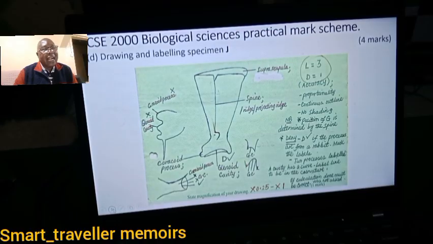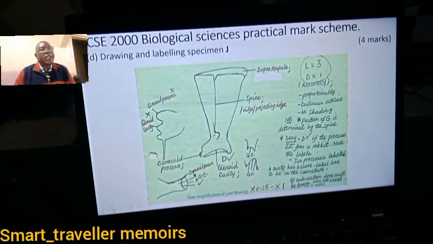A cavity as a curve, labeling to be in the curvature. Of calculation of 0.25 to 1 for the magnification, it must be correct, because calculation was not asked, but you have to be correct.